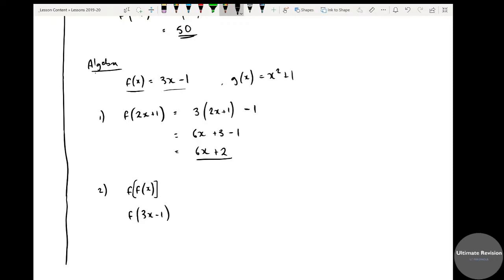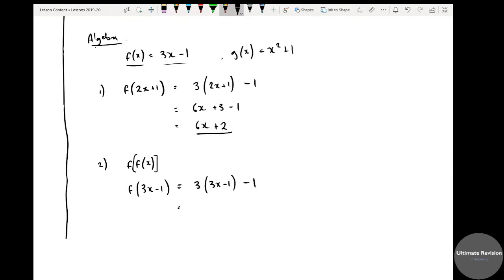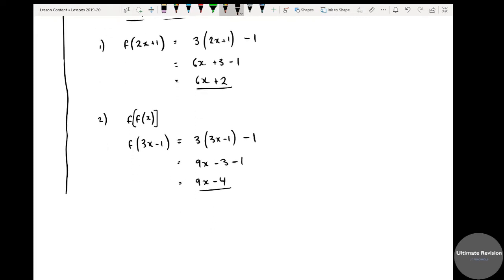Okay, and then I just do it the same as what I did in the last example. So take out the x, and I put in 3x minus 1 in its place. Okay, so that's going to be, multiply out, 9x minus 3 minus 1. 9x minus 4 would be f(f(x)).